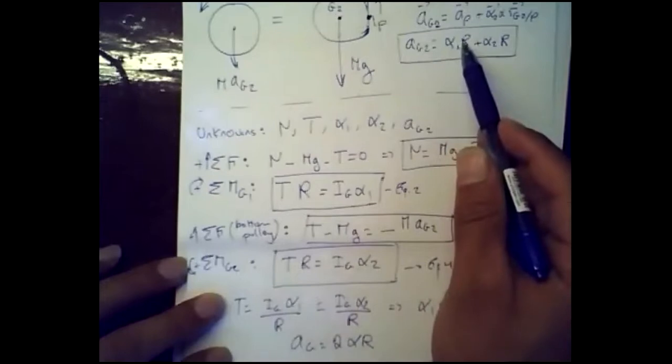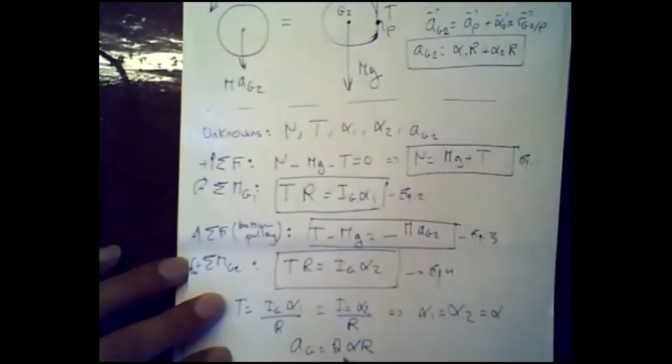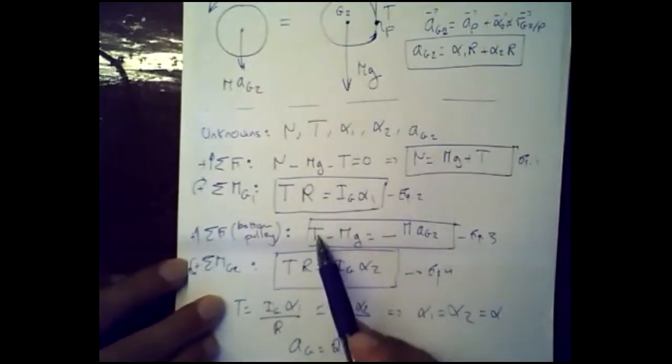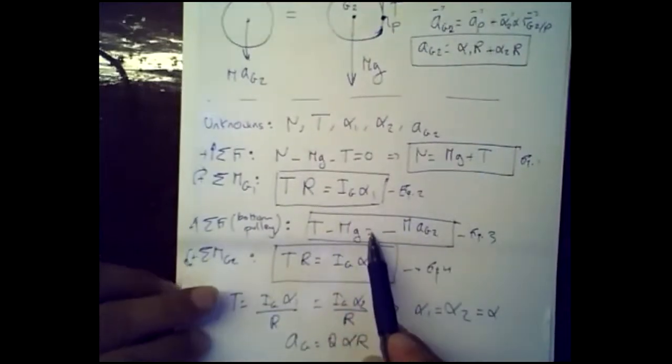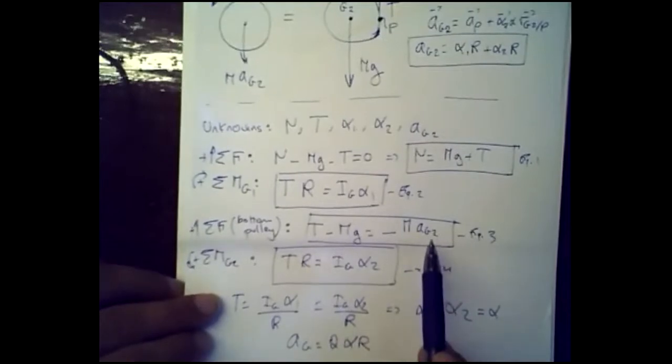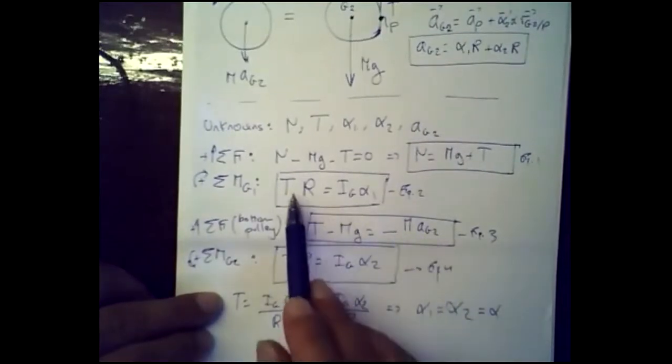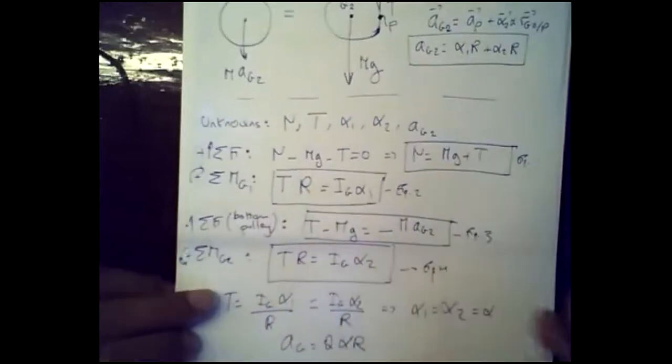And then AG is equal to 2 alpha R. So from that equation, I can relate the tension and alpha, and then I can use either this or that to solve for AG, or solve for a tension and plug it in here. In these problems, no matter how you do it, ultimately you are going to be able to solve it, because it's a system of equations, and by elimination you'll be able to solve it.